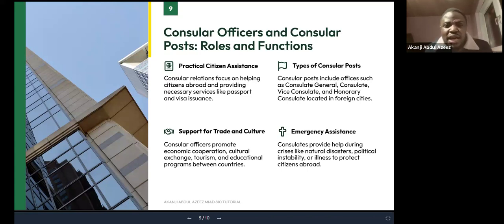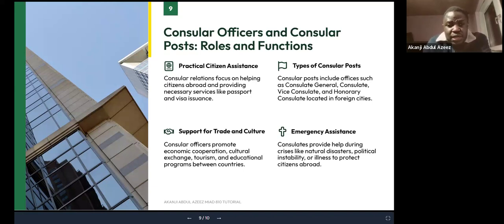What do we call consular? Another name for consular. Anybody? From the picture you are seeing on the slide, you should be able to understand another name for consular. We did it in Module 1.